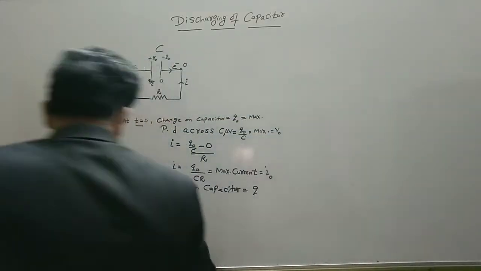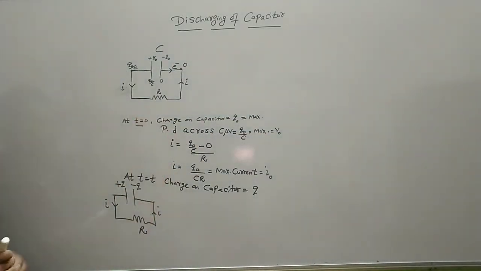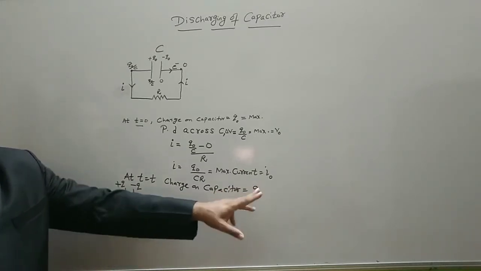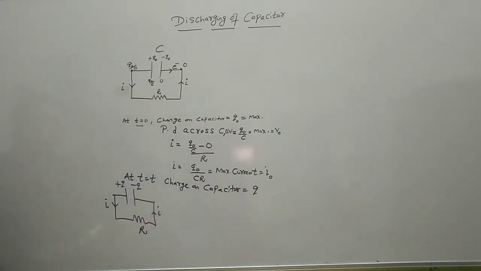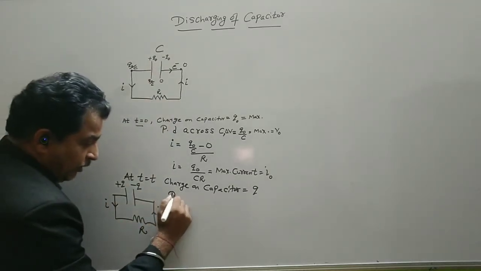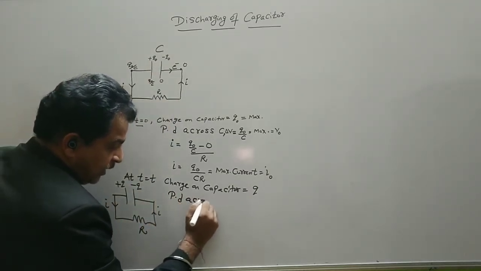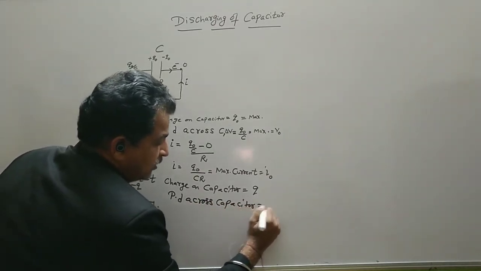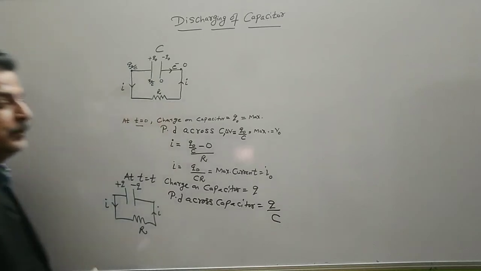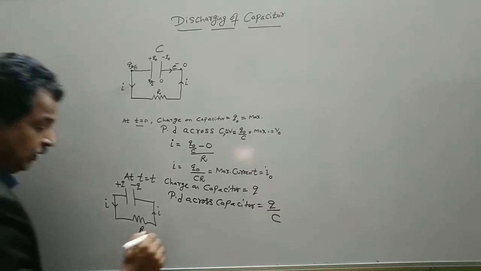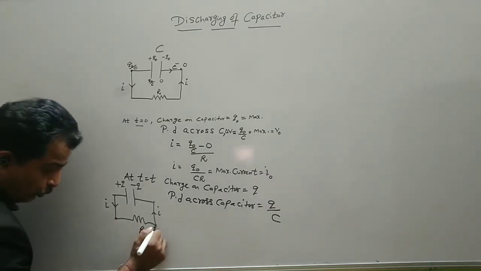Now at time t, the charge on the capacitor is Q. So it is decreasing. Potential difference across the capacitor is now Q by C. That is, we can write V also. Now what about the current across these 2 points?